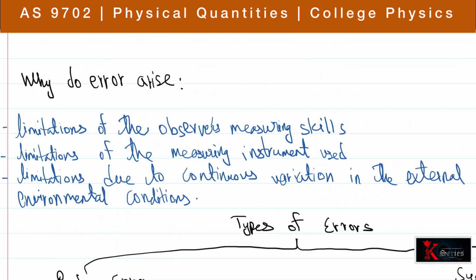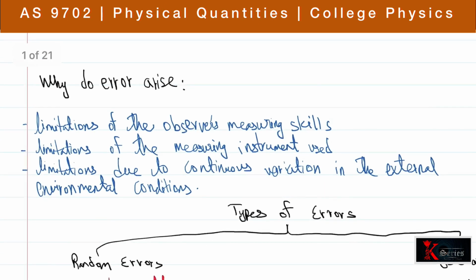It might be faulty. The third reason is the limitations due to continuous variation in the external environmental conditions, such as the speed of air. These conditions might keep changing, and this is why there might be an error in the reading we're recording.